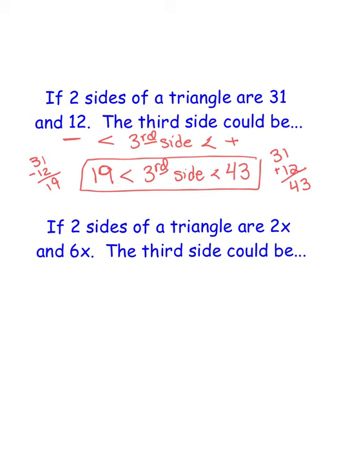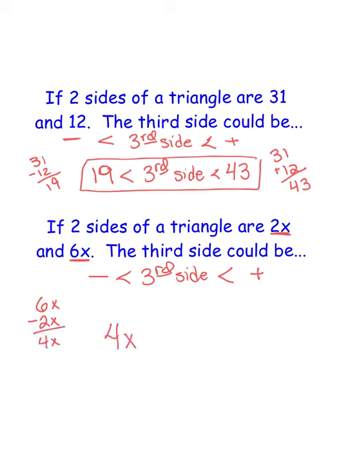And to step it up a little bit, it says if two sides of a triangle are 2x and 6x, the third side could be. So again, it's greater than the difference, and it's less than the sum. So if I subtract the two sides, 6x minus 2x, that gives me 4x.